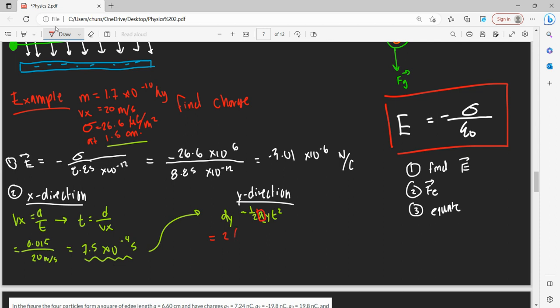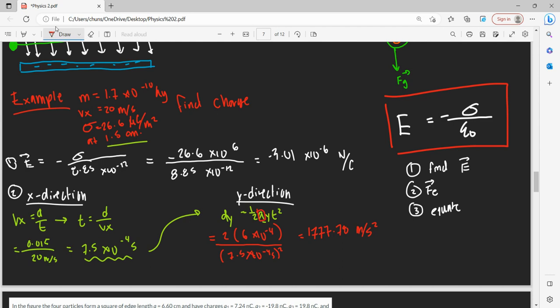So that becomes 2 times 6 times 10 to the negative 4 over our time, which is 7.5 times 10 to the negative 4 seconds squared. And that gives us 1,777.78 meters per second squared for acceleration.